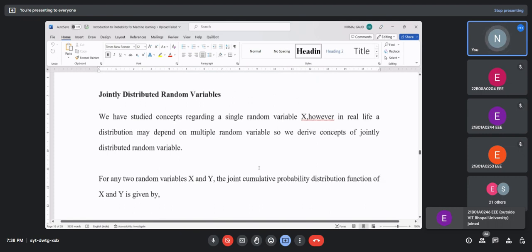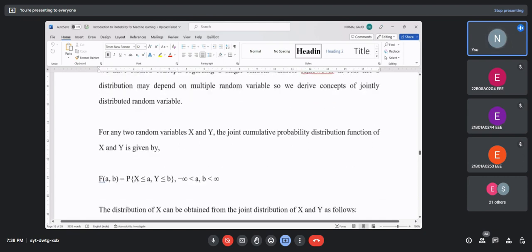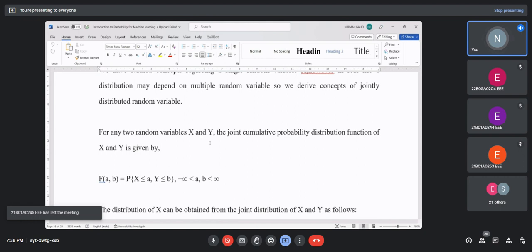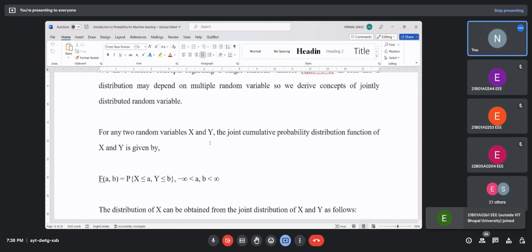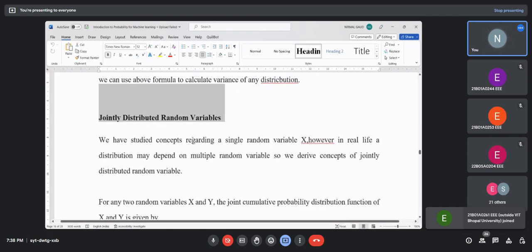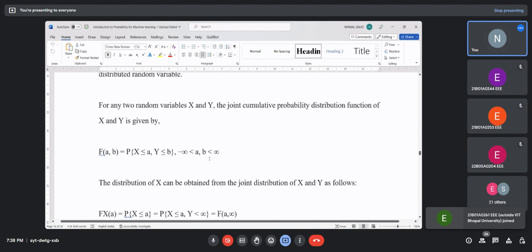All right. Jointly distributed random variables. For example, you have two random variables X and Y. Till now I was only discussing a single random variable X. If you have two random variables X and Y, that is called jointly distributed random variables.